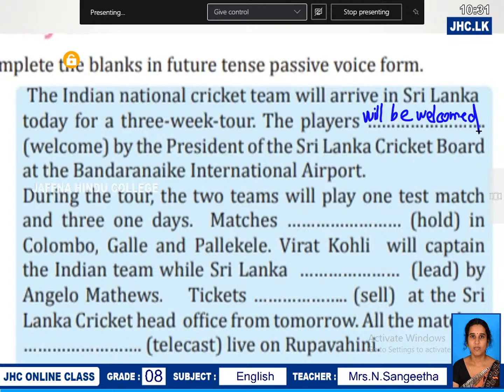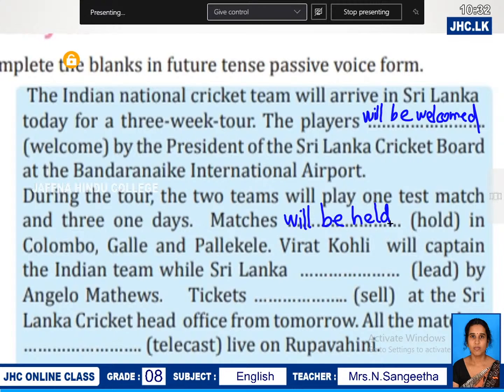During the tour, the two teams will play 1 test match and 3 one-day matches. Again, future passive, will be. What is the past participle of hold? It is held. Matches will be held in Colombo, Galle and Pallegala.